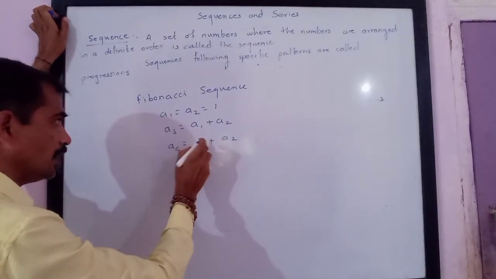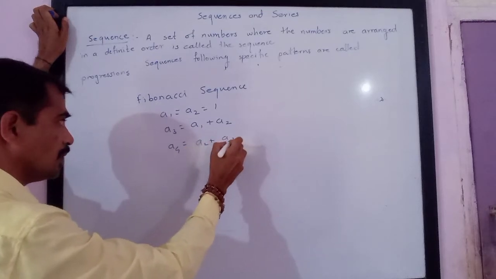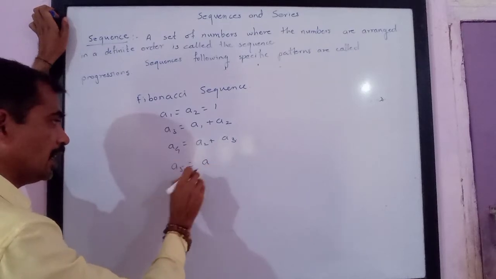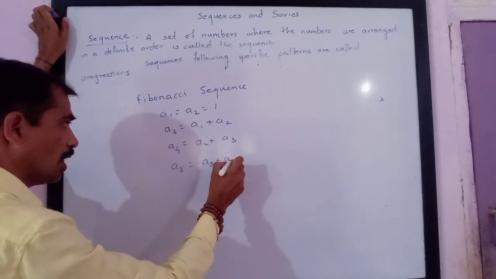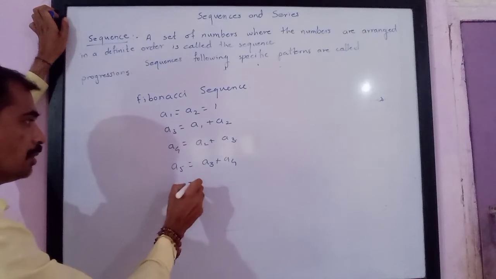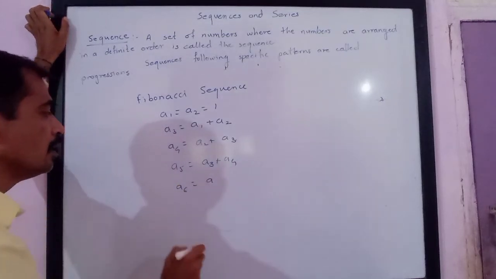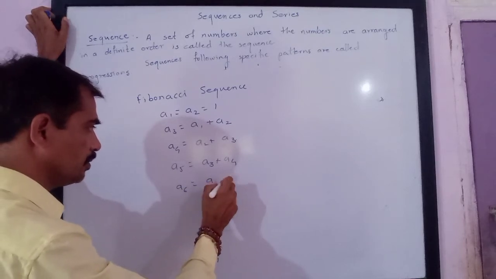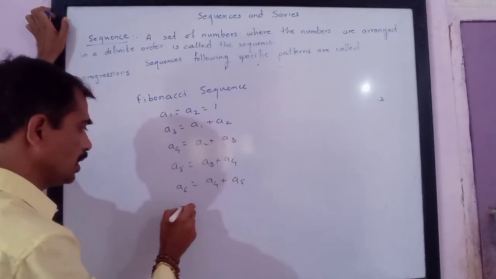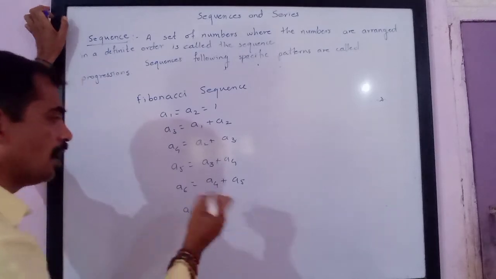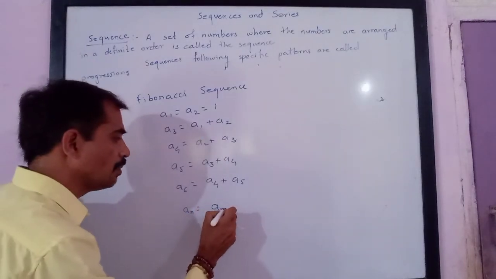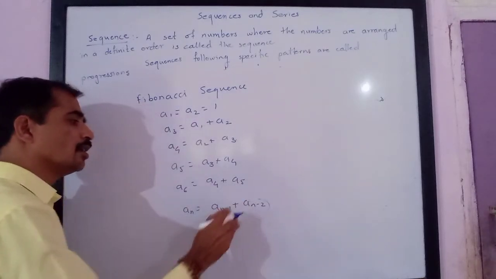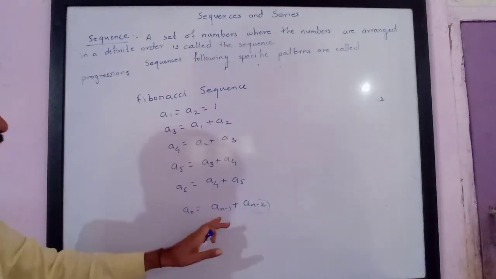The fifth term is obtained by the summation of the earlier terms, that is A3 and A4. The sixth term is obtained by A4 and A5. Similarly, the nth term will be obtained by the earlier two terms, a n minus 1 plus a n minus 2. These are the preceding two terms.